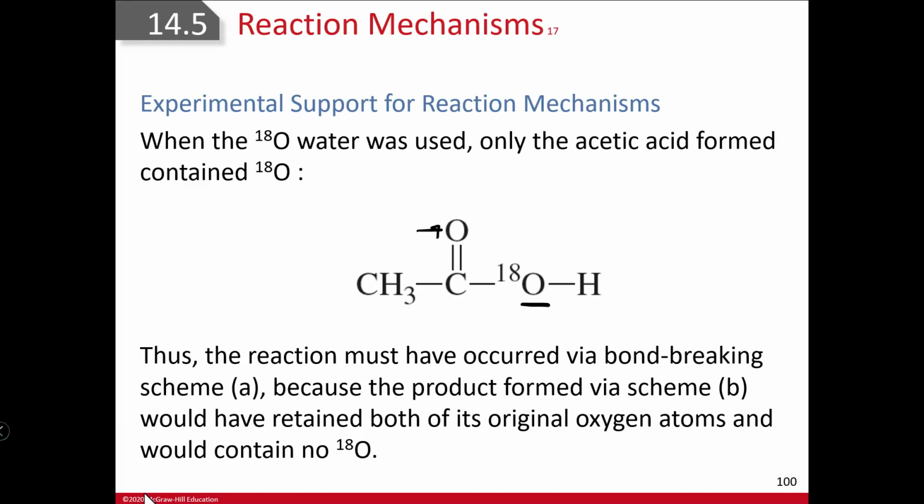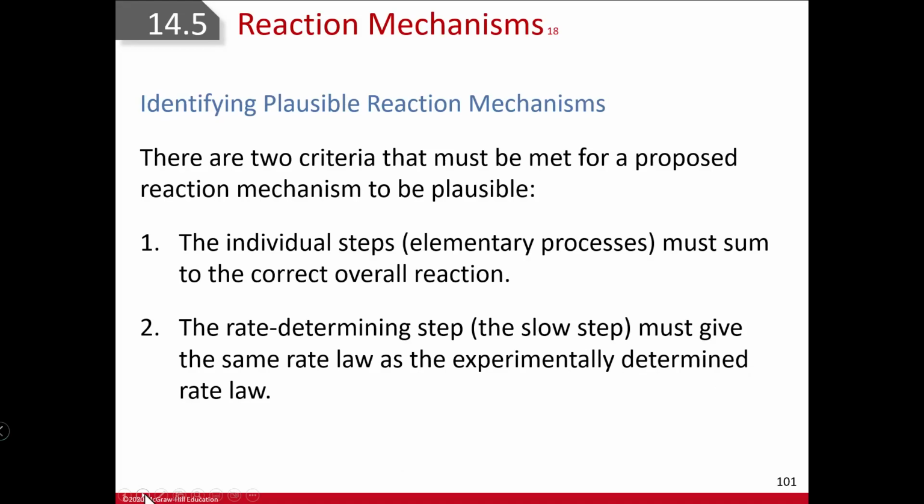So it says, thus, the reaction might have occurred via bond breaking, scheme A, or because the product formed via scheme B would have retained both its original oxygen atoms and would contain no oxygen-18. So if it's just this, then we can distinguish this oxygen from this one, because this is a different isotopic mass. This has got 2 more neutrons than this one. So this is what we use to determine what is the mechanism.